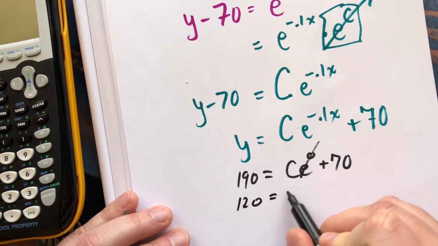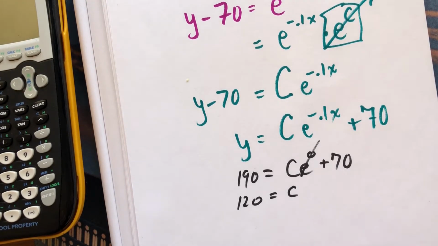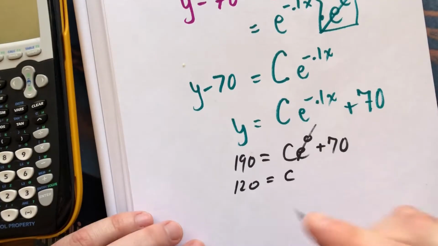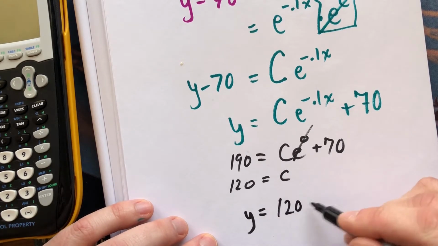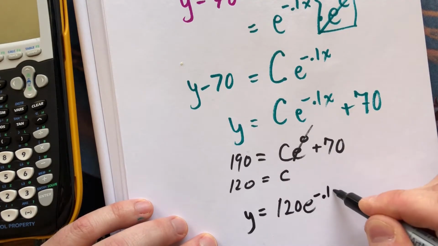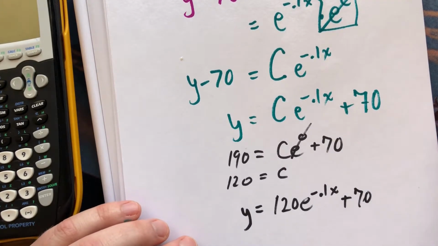Subtract the 70 from both sides, you get 120. So c is 120. That's really close to the thing I got earlier. I got ln 120, now it's just regular 120, because it's a different c. It's a slightly different context. So I can say y is equal to 120 e to the negative 0.1 x plus 70.